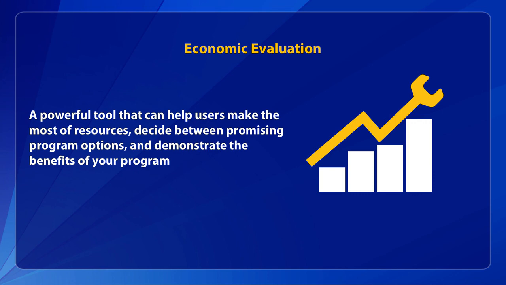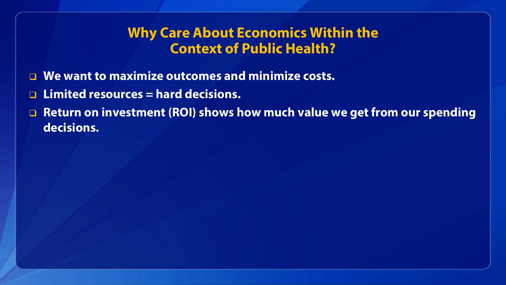As public health practitioners, we care about improving the health of the entire population, so we try to maximize health outcomes. But why should we care about economic issues in public health? Public health managers and economists would both agree that maximizing health outcomes is an important goal. However, public health interventions, programs, and policies all have costs, and from an economist's perspective, keeping those costs low is also important.